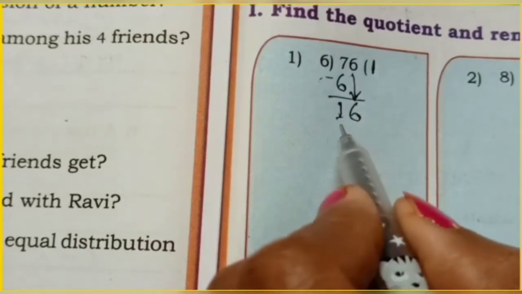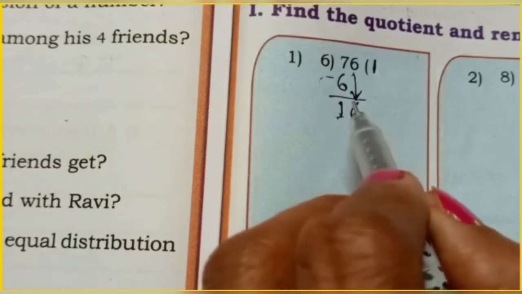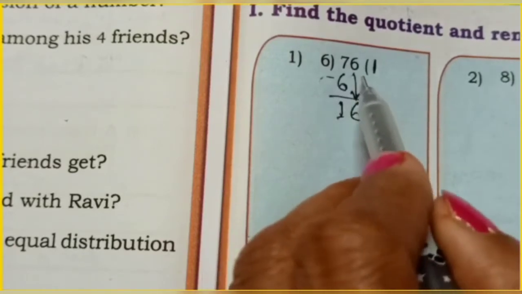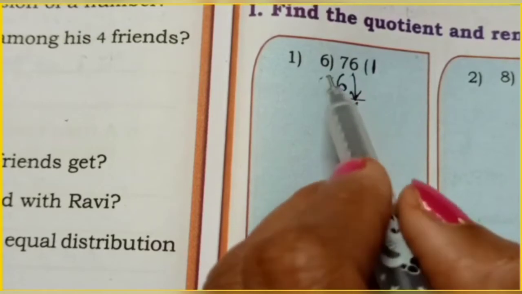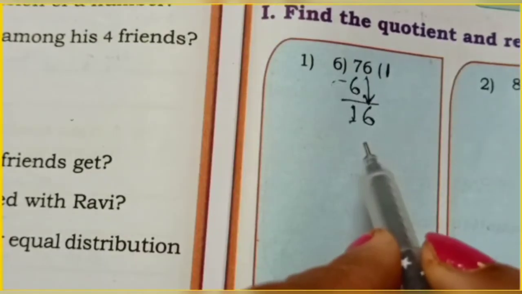Again we divide. 2 times, 6 twos are 12. So write 2 as the second digit of the quotient.